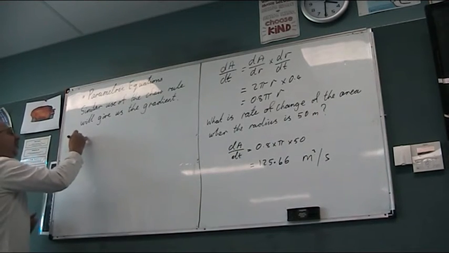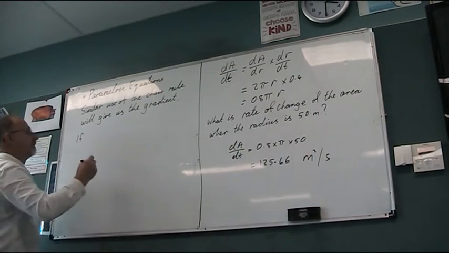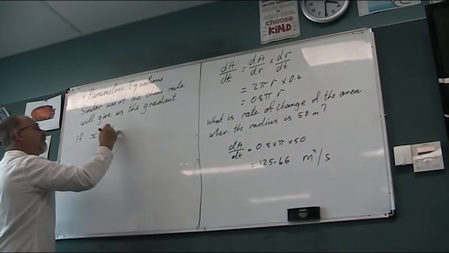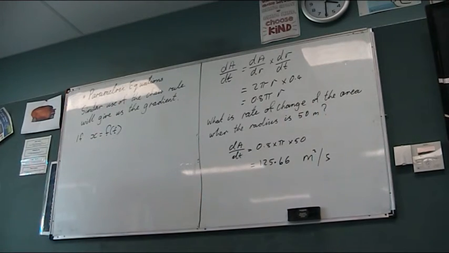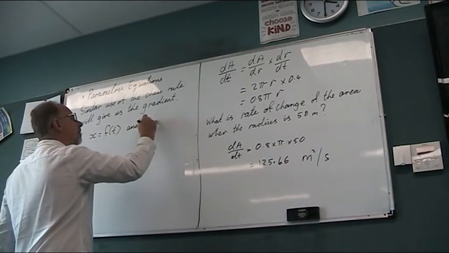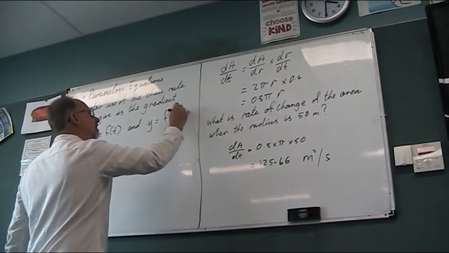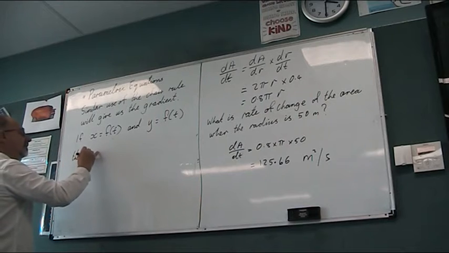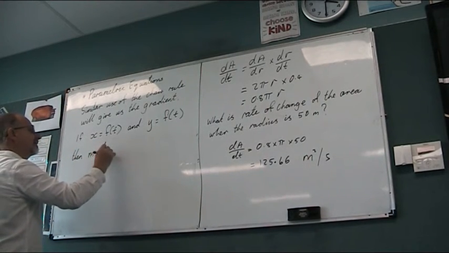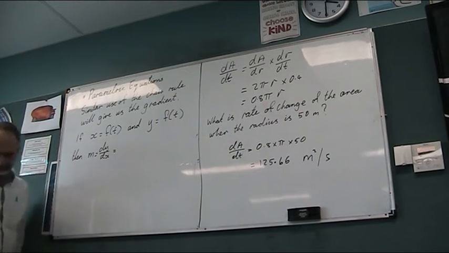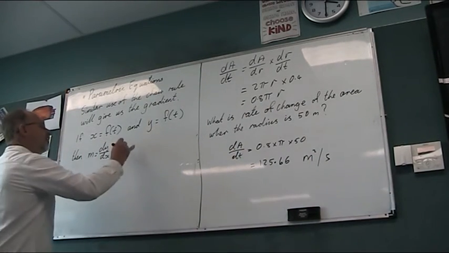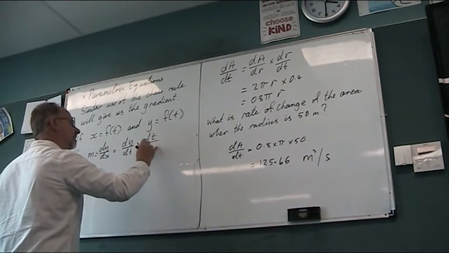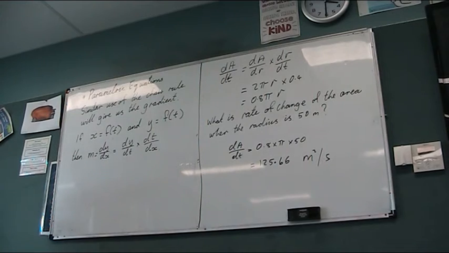So if x is some function of t, the third parameter, and y is also some function of t, then to get our gradient, which is dy/dx, that would be dy/dt times dt/dx.